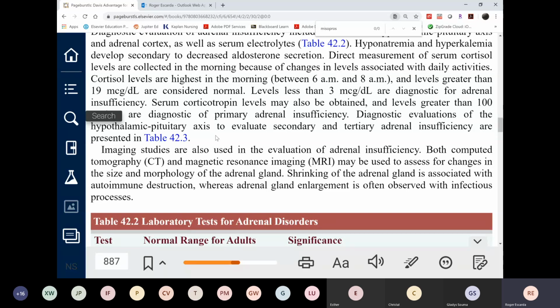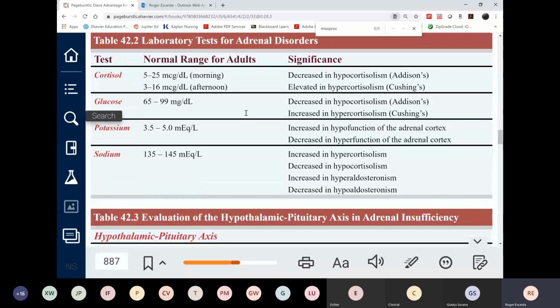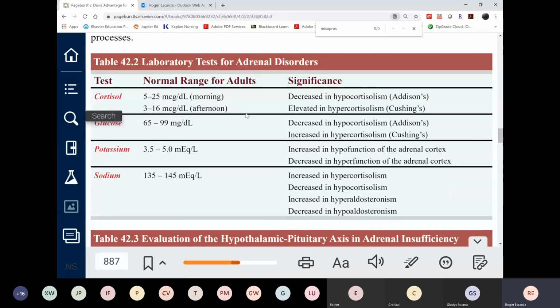That's the test they use. We won't test that because the doctor does that on his own. However, we will see lab results directly resulting from Addison's disease, where cortisol will be decreased, glucose decreased, potassium increased, sodium decreased.